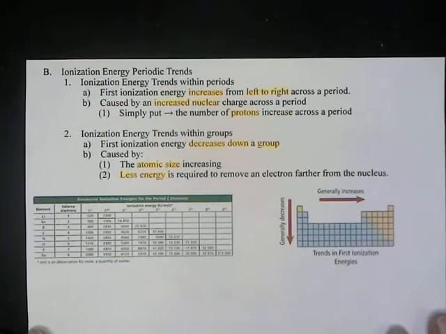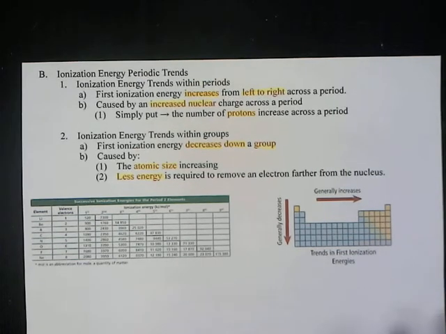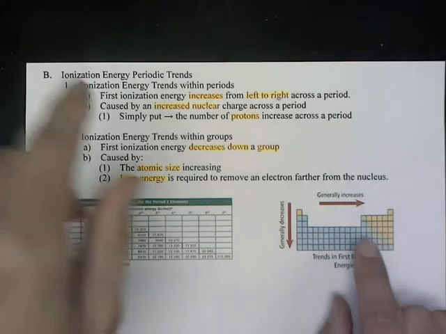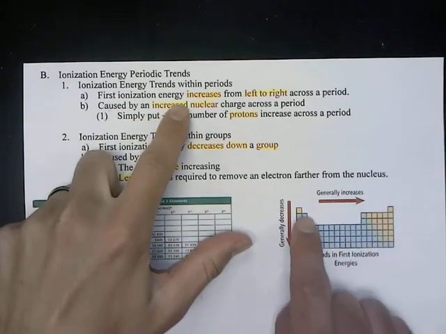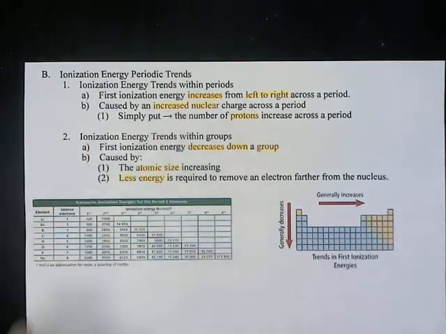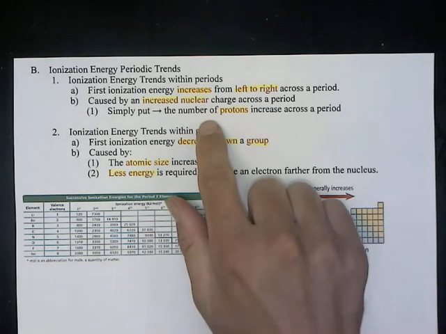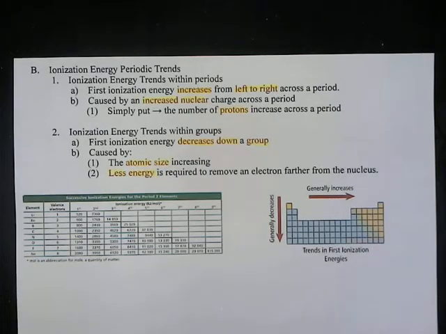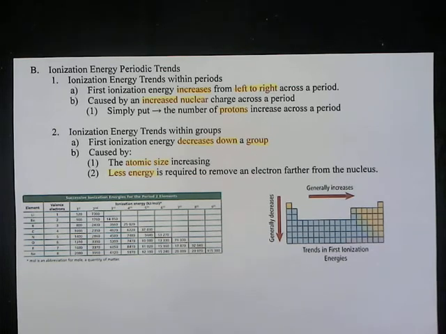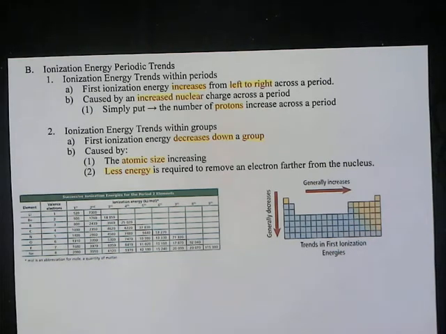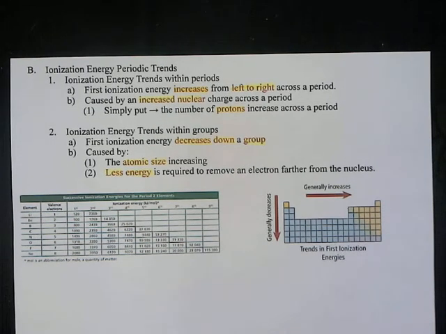Now that we know what ionization energy is, let's talk about the trend for ionization energy. As we go from left to right across a period, the first ionization energy increases. It's caused by an increased nuclear charge. What that means is there's more positive power in the nucleus, more protons to pull those electrons in, making it harder for those electrons to escape, so more energy is required.